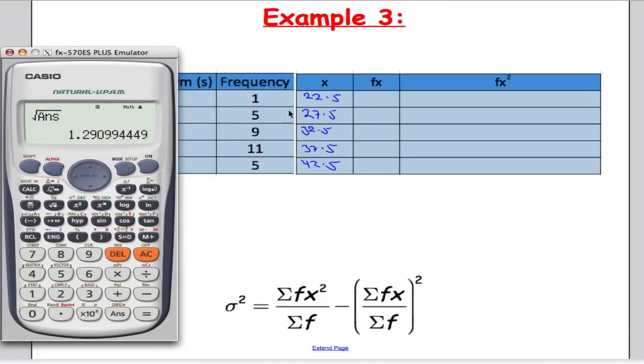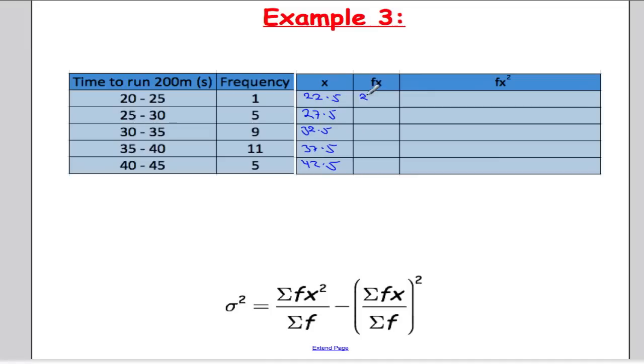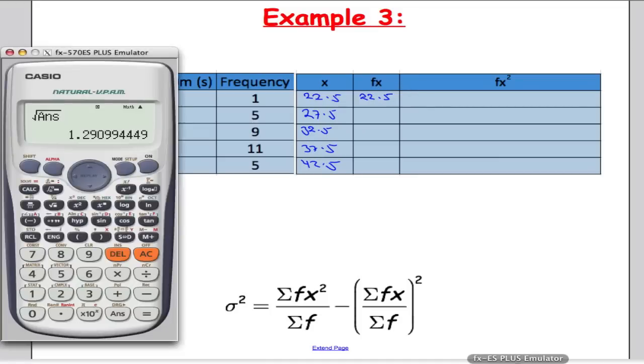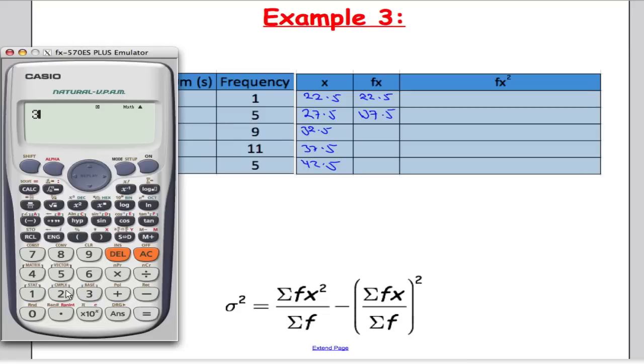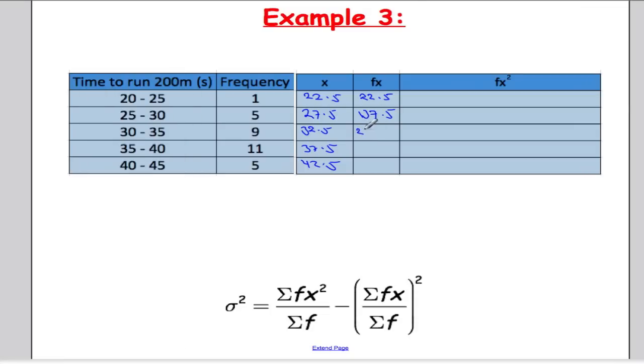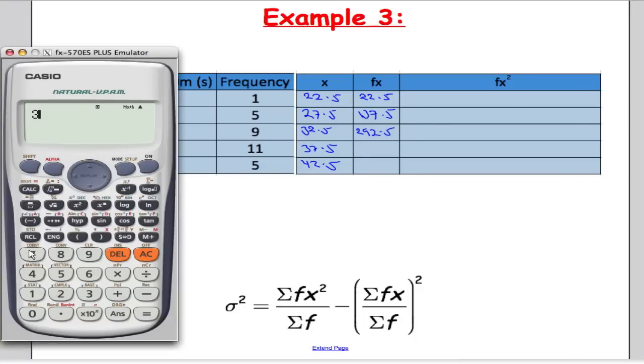So 1 times 22.5 is 22.5. 5 times 27.5 is 137.5. 32.5 times 9 is 292.5. 37.5 times 11 is 412.5.